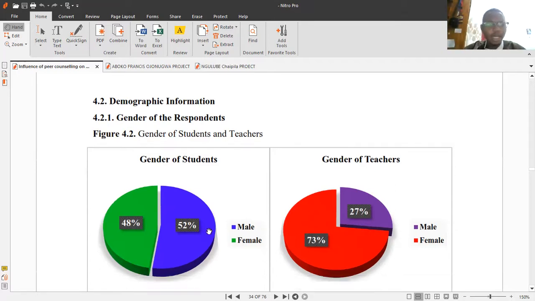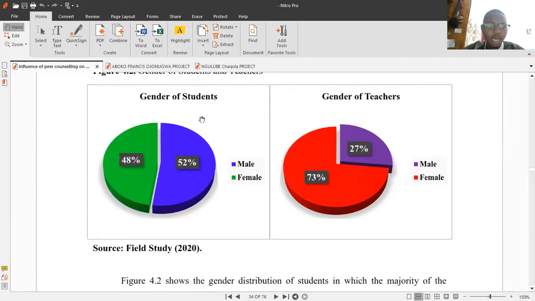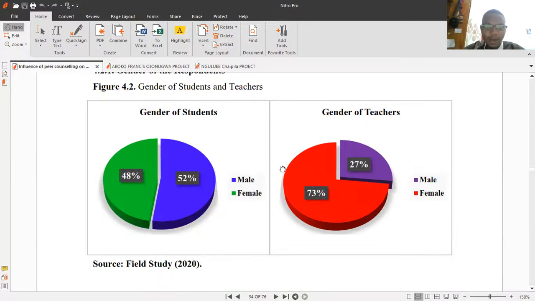All right, so the demographic information is very important. You have the gender of the respondents, very important. Here are figures. We have a pie chart that Simon 2020 presented.